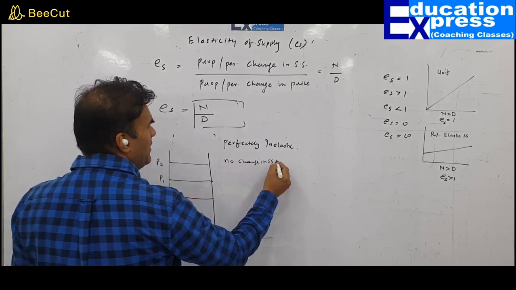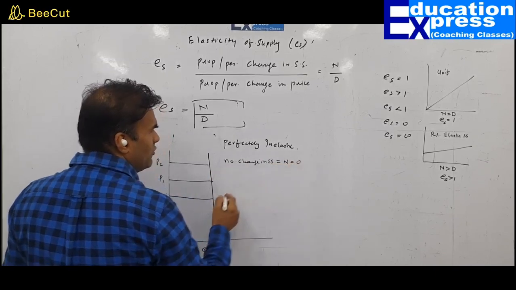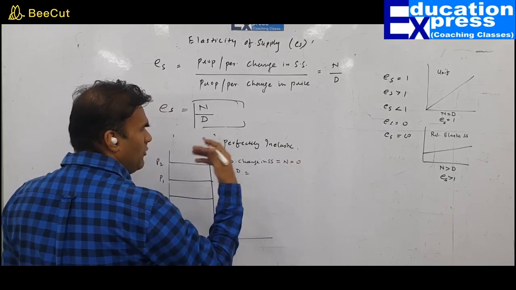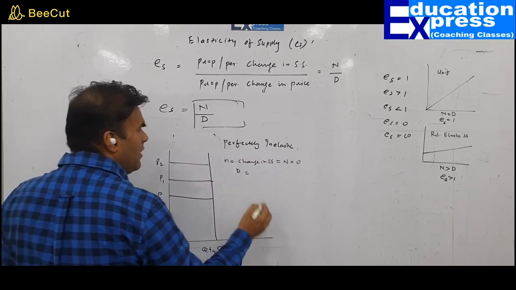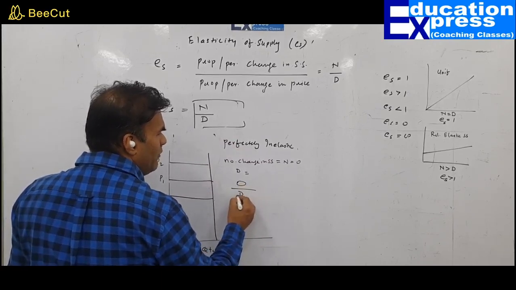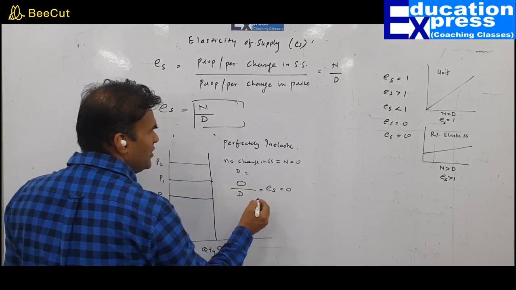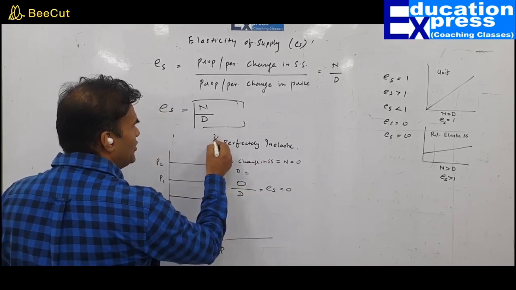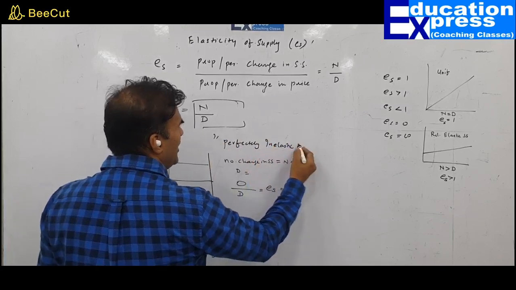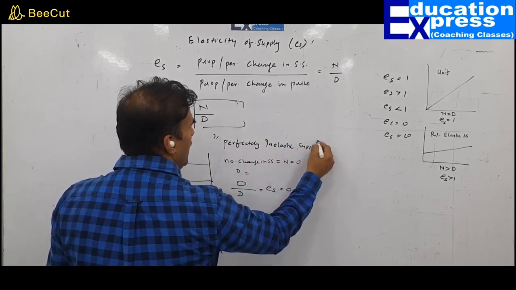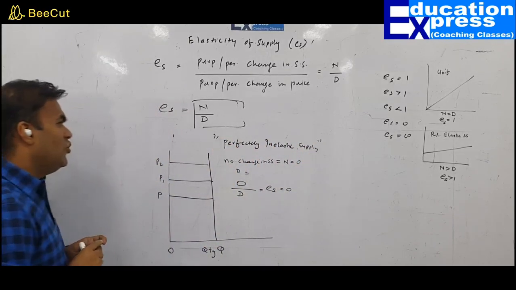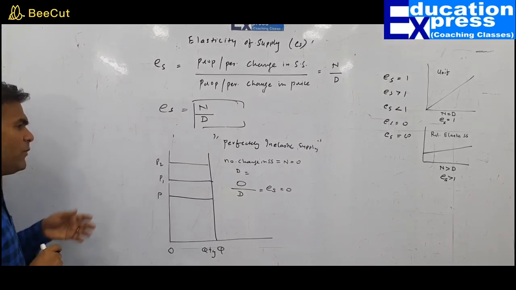No change in supply means my numerator is 0. My denominator could be anything. Take up any figure. Since the numerator is 0, my total calculation of ES is going to be 0. That means it is a case of perfectly inelastic supply. Perfectly inelastic supply usually is explained by the example of a painting.